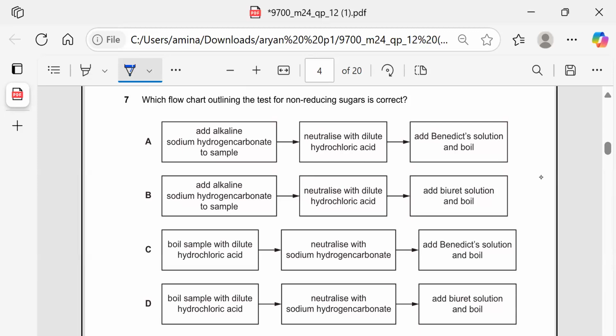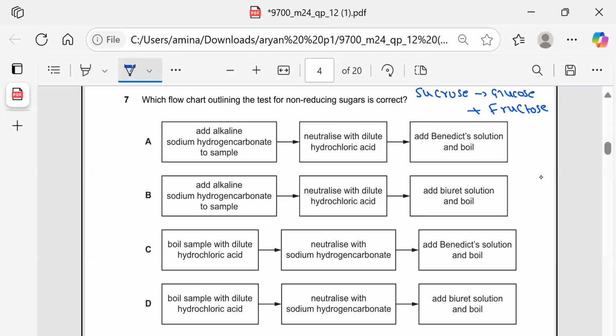Sucrose, which is a non-reducing sugar, is made up of glucose plus fructose. For example, if I apply Benedict's test and it stays blue and does not change color, it means that the sample does not carry reducing sugar.